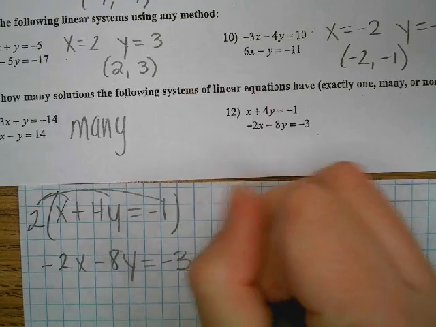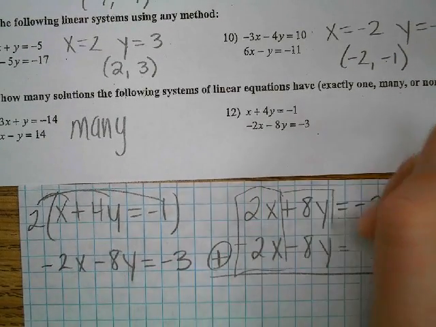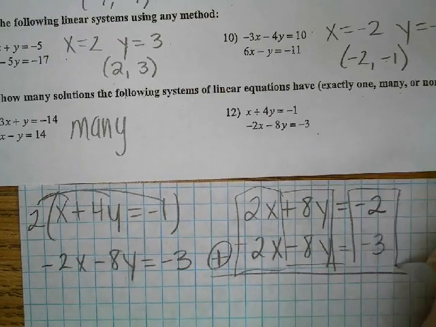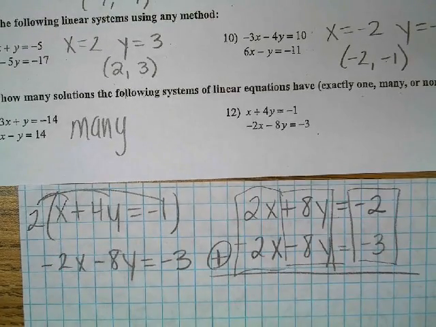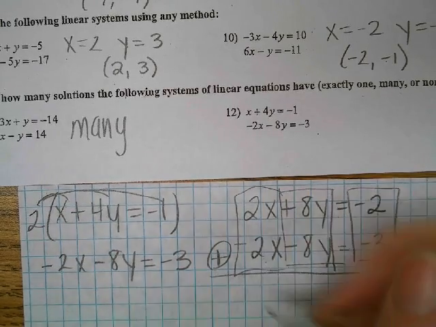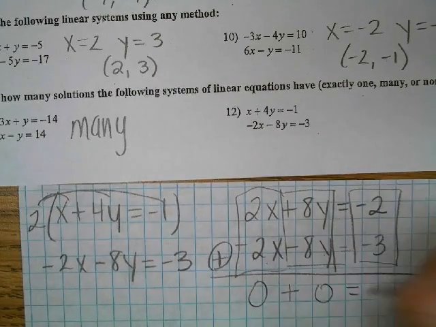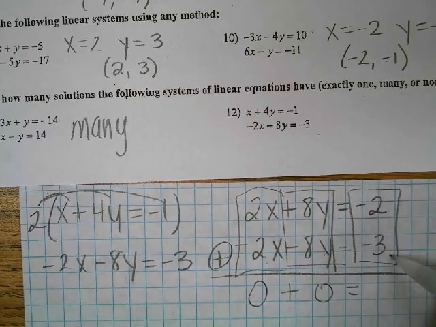And now when I go to add these up, my x's get eliminated and my y's get eliminated. But my constants do not get eliminated. So 2 plus negative 2 is 0. 8 plus negative 8 is 0. But negative 2 plus negative 3 is negative 5.